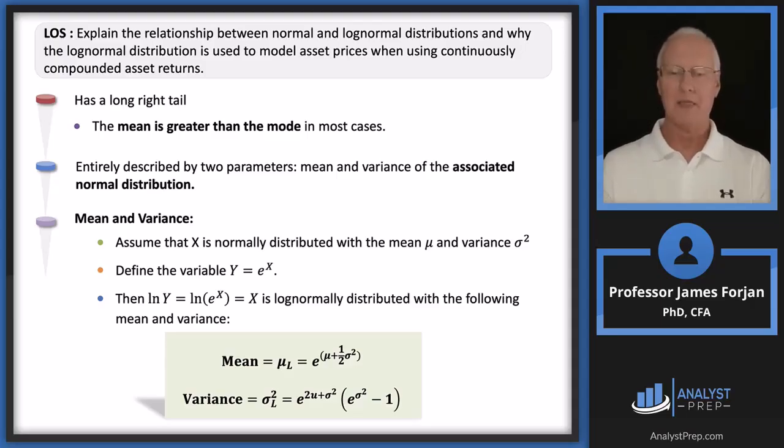So just remember that the mean, mu sub L, is equal to e raised to the x. Now, raised to the x here, we're going to put the mean plus 1/2 of the variance. Now let me go ahead and pause and just warn you that the mean plus 1/2 of the variance is going to be a really important concept as we move through portfolio management. We're going to do some maximizing and minimizing, and so we're going to come back to that.